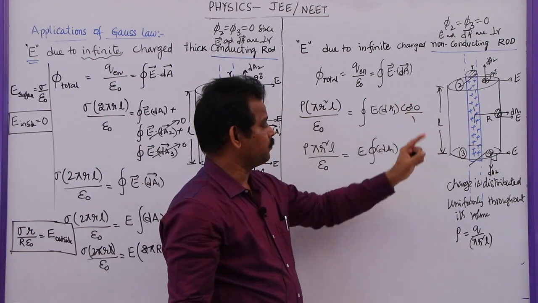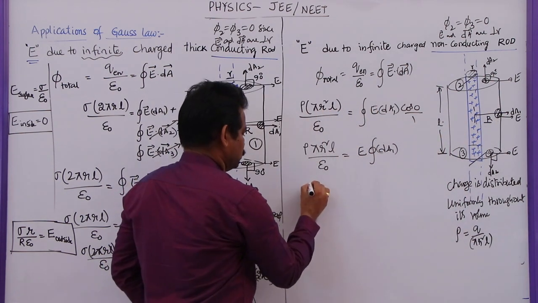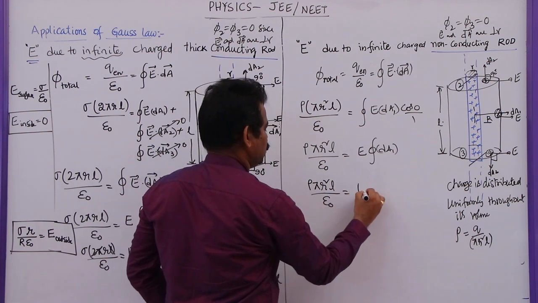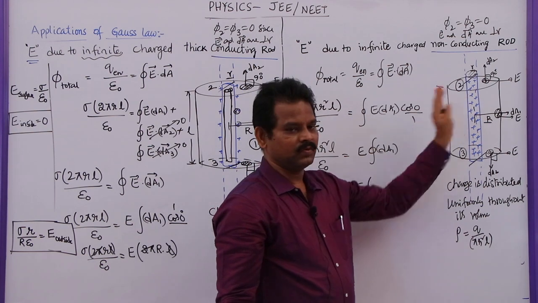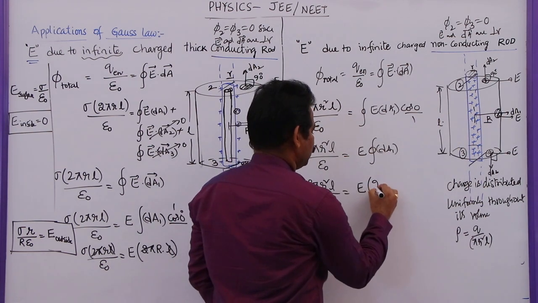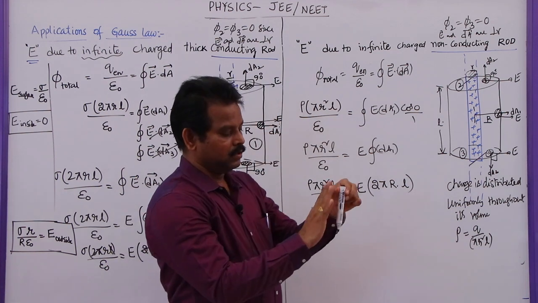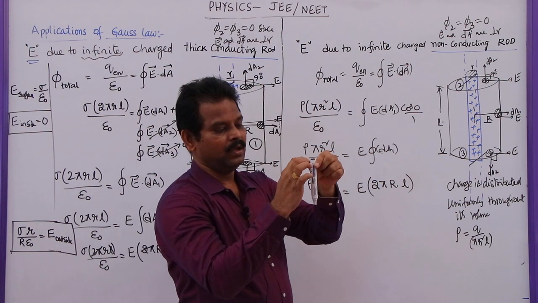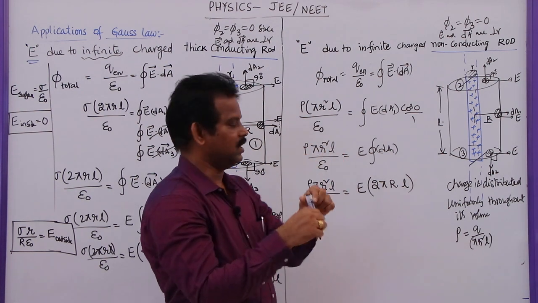That closed Gaussian surface whose radius is r, whose length is L. So rho pi r square L by epsilon naught is equal to E. dA1 is the surface area of this one, which is given by 2 pi r into L, because the curved surface is given by circumference 2 pi r into height h actually, but here height is given as L.